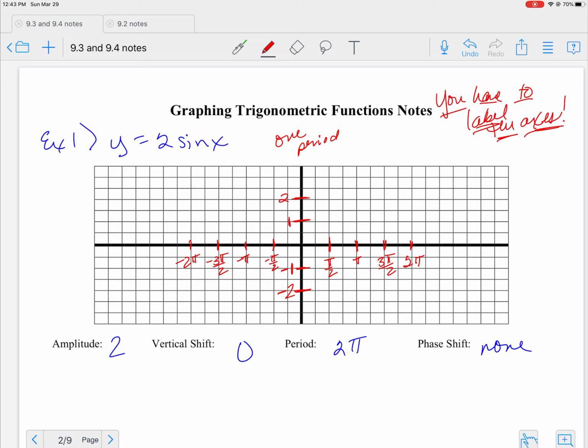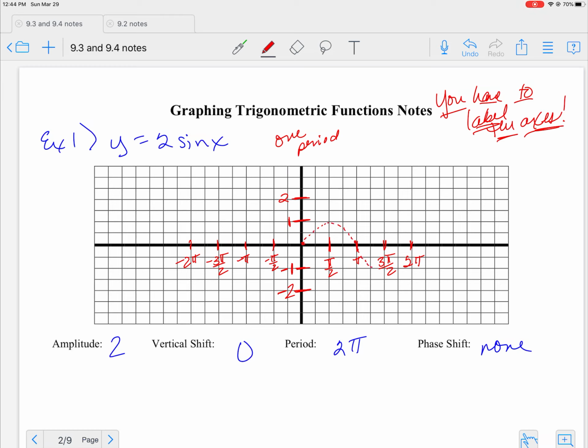Okay? We're going to get into some of the specifics, but if you get nothing out of this trig graphing, I want you to know, what does the basic graph look like? If I put numbers in here for transformations, how does that affect my graph, right? That's what I really want you to get out of this, a good working knowledge of all of it, okay?